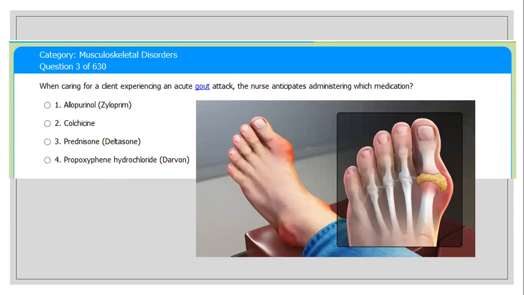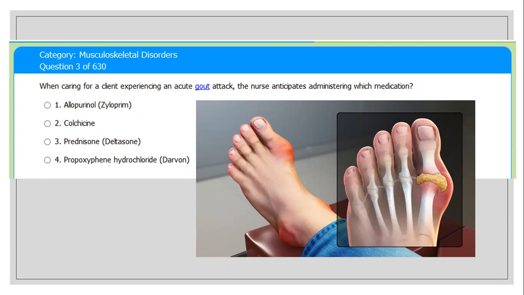It is a type of arthritis that causes inflammation of the joint. Why inflammation? Because of excessive uric acid accumulating in the toe, usually in the big toe, right? Usually gout is a chronic disease, and sometimes there is an acute exacerbation.